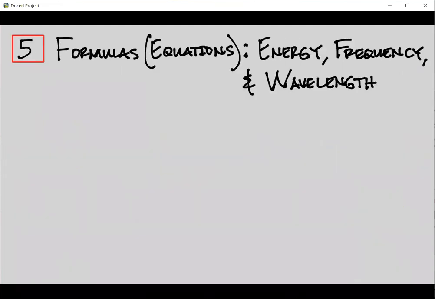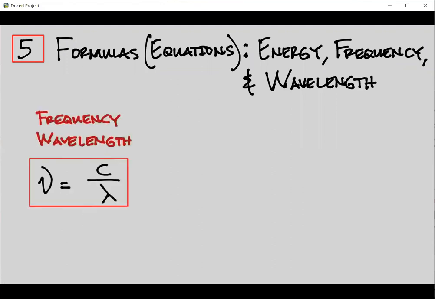So how do we prove this relationship mathematically? Well, we have to look at these equations. I mentioned that there are three formulas or equations that are important in this chapter. The first one relates frequency and wavelength. So we have the Greek letter nu here, which represents frequency.